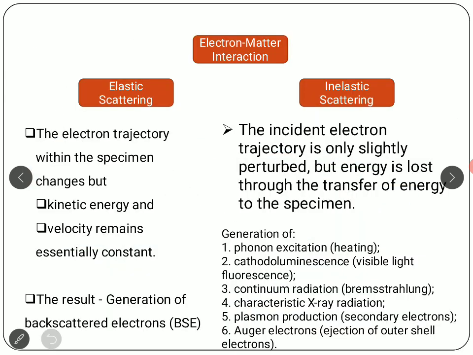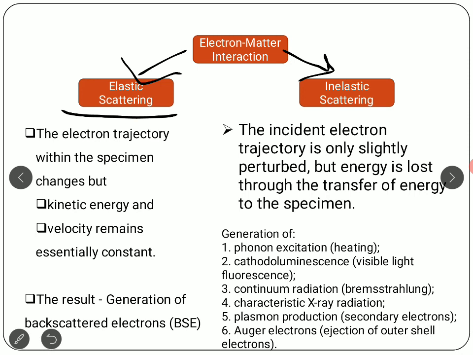When we look into the electron-matter interaction, it can be either elastic or inelastic in nature. I don't think I need to explain this much. In elastic scattering, as you all know, the kinetic energy and momentum are conserved, and if momentum is conserved, the velocity remains constant.